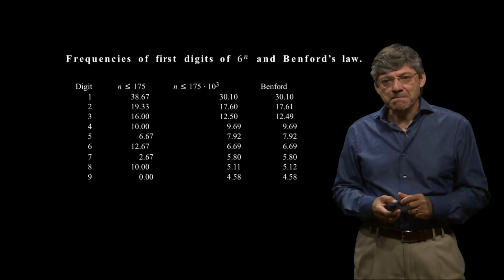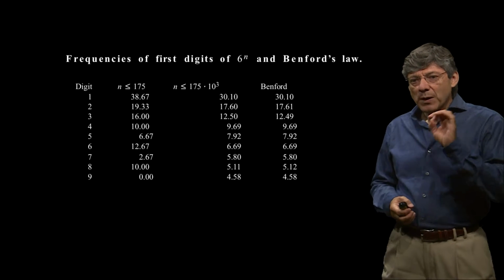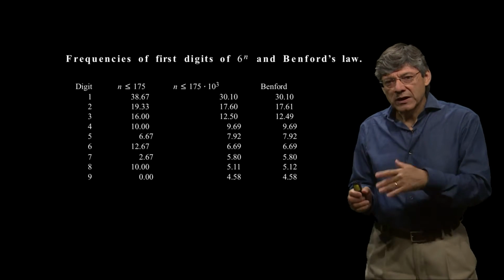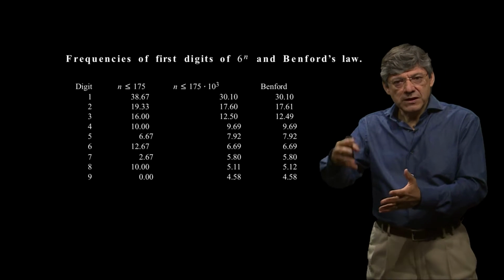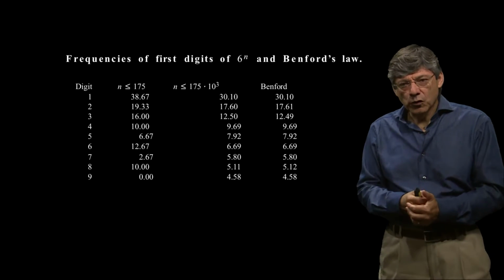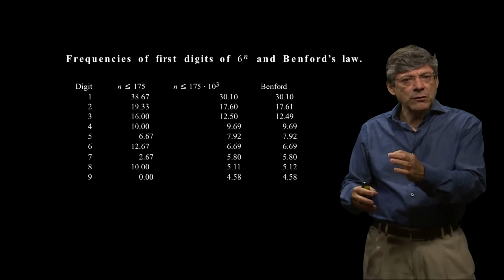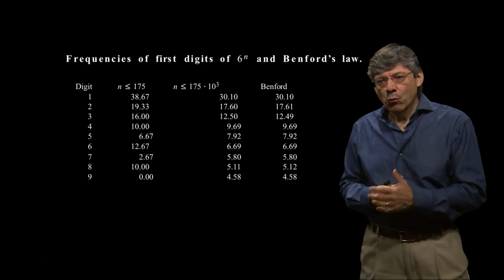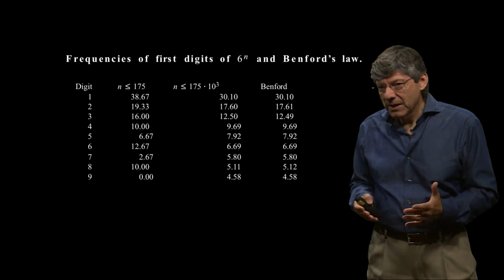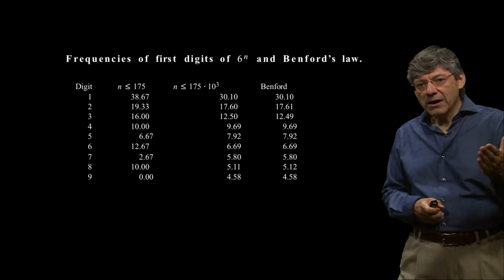It is a surprising fact because people would expect that all the first digits would be uniformly distributed. You don't see 0 as a first digit, you would see 1 up to 9, so about 1/9 of the time each. But no, 1 appears at a higher frequency than 9.